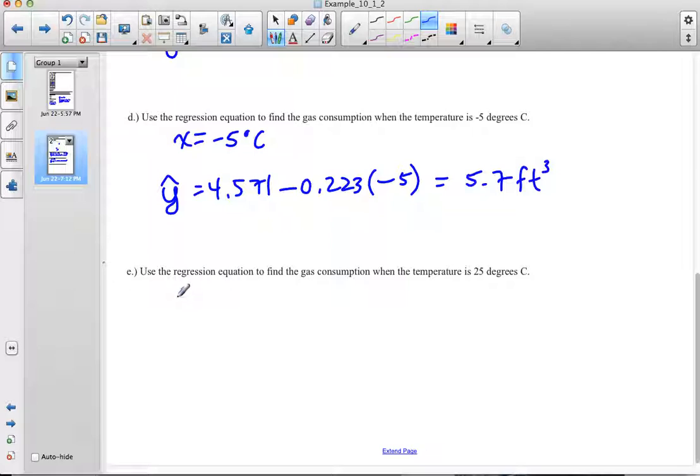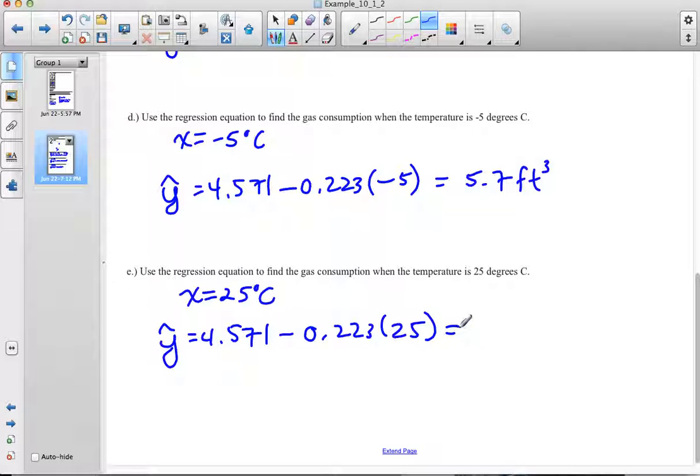So let's say we want to use the regression equation to find the gas consumed when the temperature is 25 degrees C. So then y hat is equal to 4.571 minus 0.223 times 25, and that ends up with a value of negative 1.0 cubic feet. Well, if I look back at my data, I'm going to see 25 was not one of my original data values.